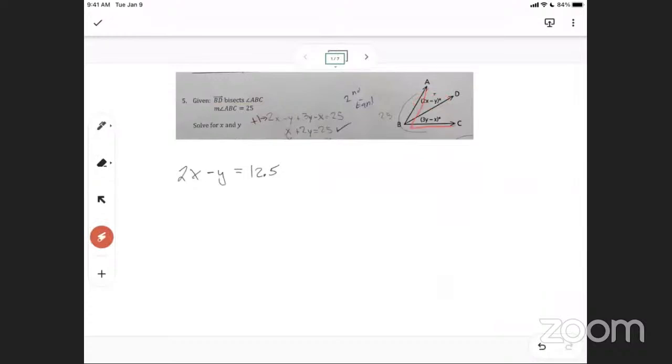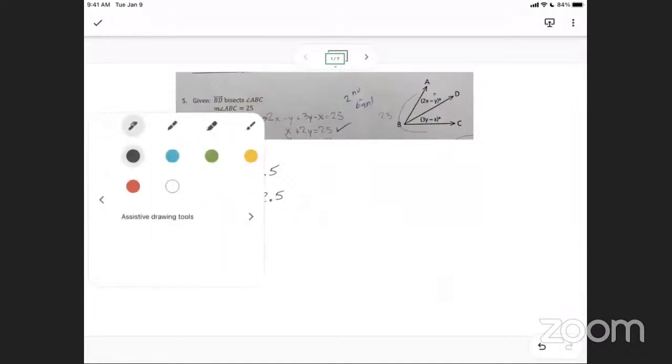Because ABC equals 25 degrees. And I know that 3y minus x also equals 12 and a half. Make sense? Yeah. In fact, I'm going to write this as negative x plus 3y. It's the same thing, just in a better format.